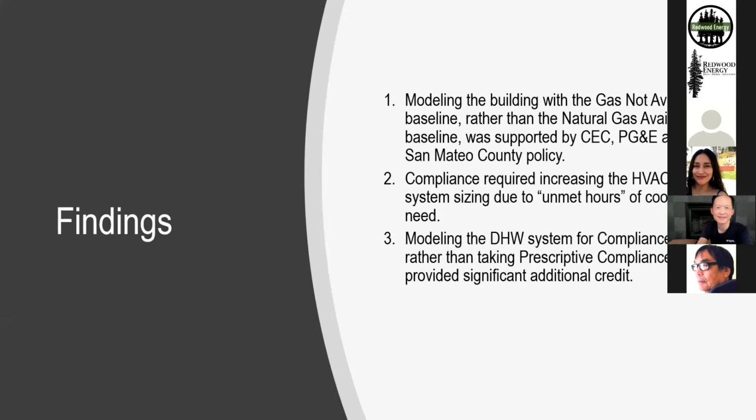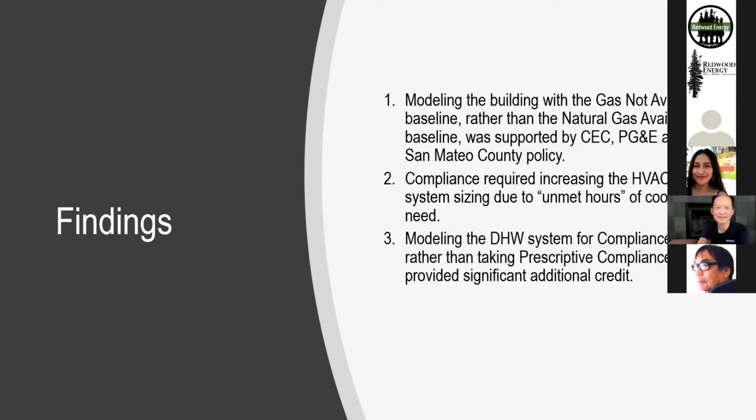So some of our findings, and some of the things that we found important to give to our client, Team A: One is modeling the building with no natural gas available rather than natural gas available. This was supported by the CEC, PG&E, and the San Mateo County policy.